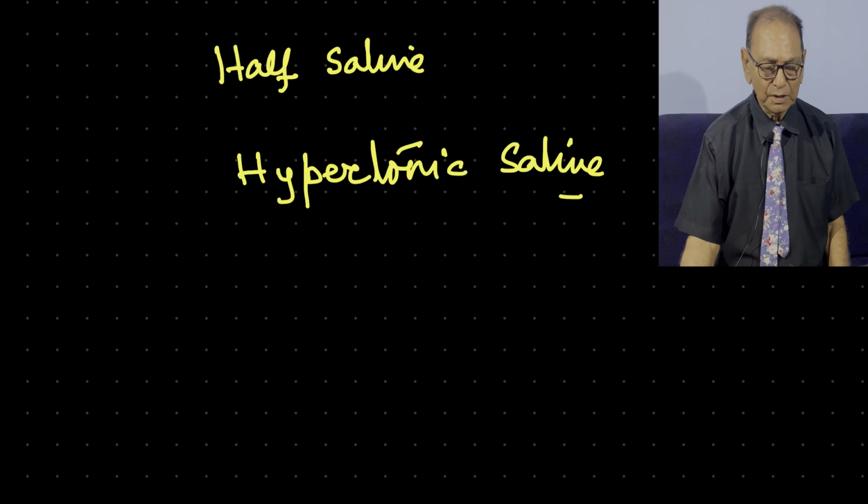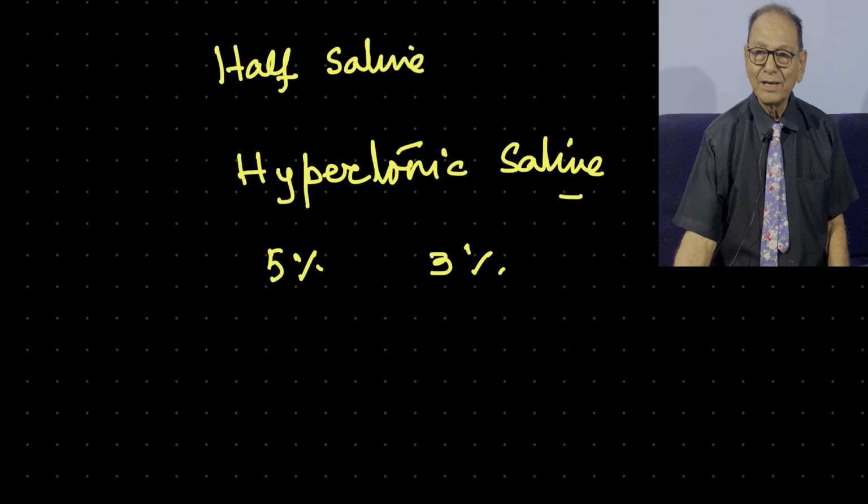There are two types of such fluids available in the market. One is a 5% saline, another is 3% saline. As you have calculated, I have told you how to calculate the milliequivalents in a particular solution.